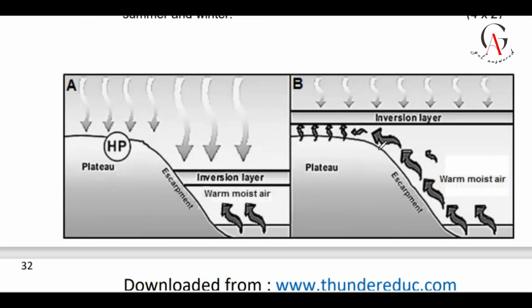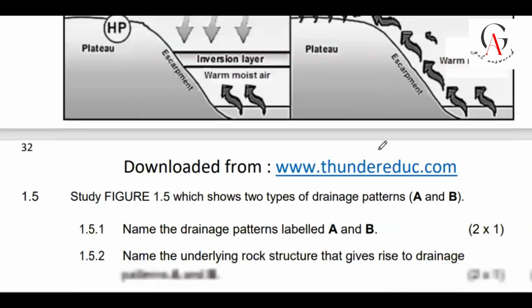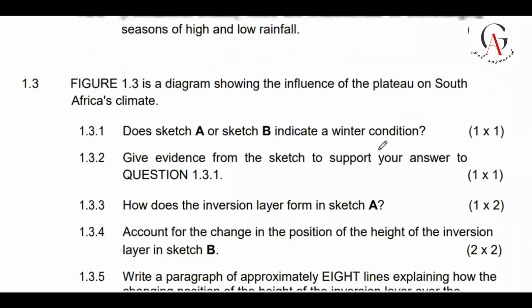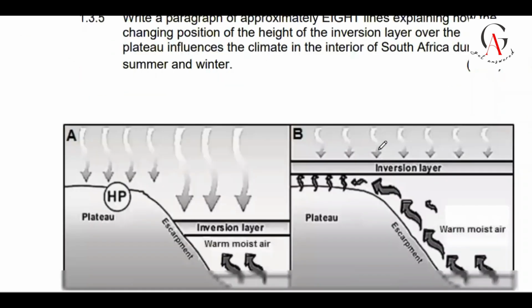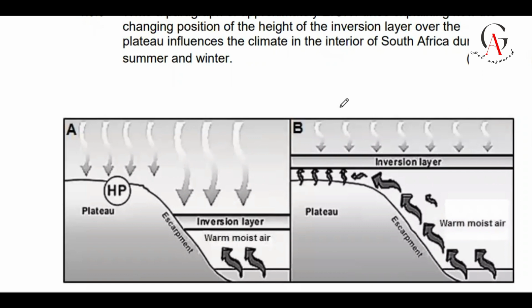Let's go to the questions. They say, does sketch A or sketch B indicate winter condition? Which sketch between A and B does indicate winter condition? I'll give you 3 seconds to think about that one quickly.